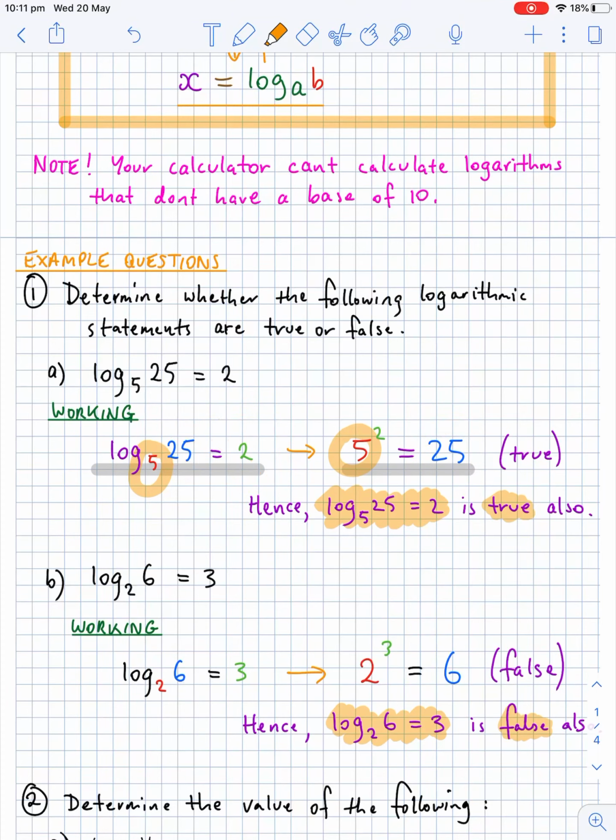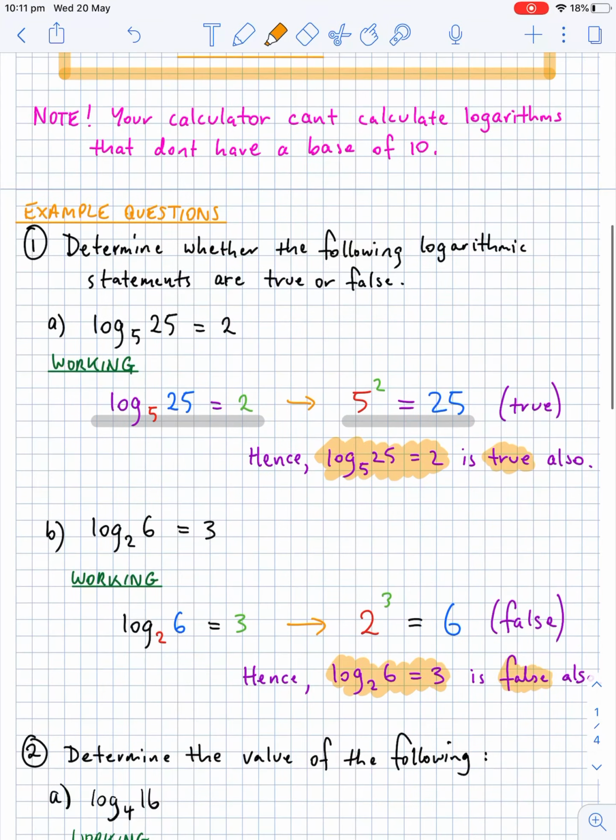So this line that we give you is equivalent to this, and we've got to check, is 5 squared equal to 25? That is true, so that suggests that this, which is equivalent, just the same thing in a different form, should also be true. So it's all about checking whether this part was true, because that one's a lot easier to see compared to that one. Okay, let's move on.